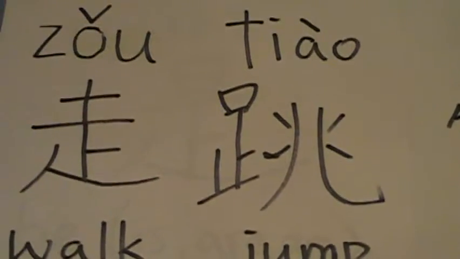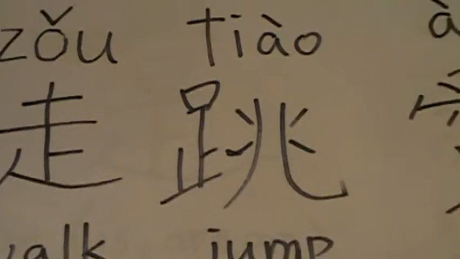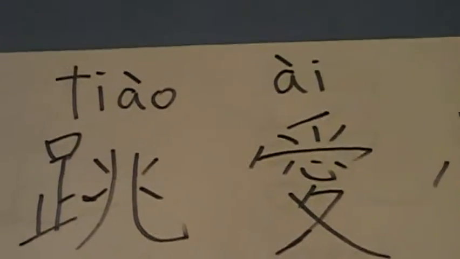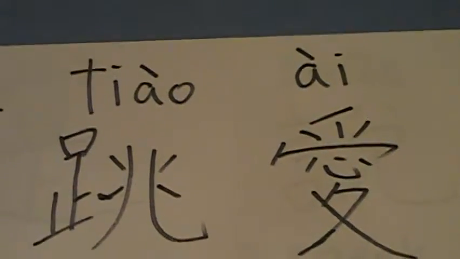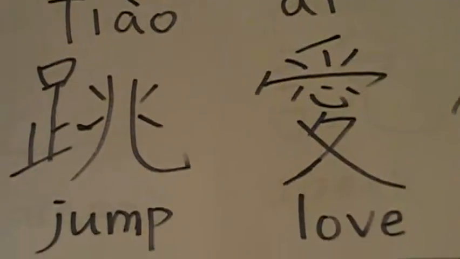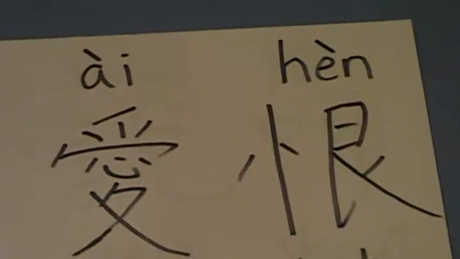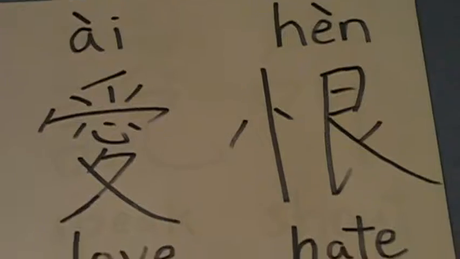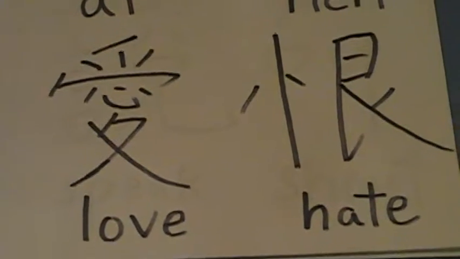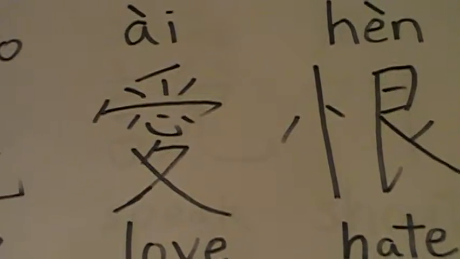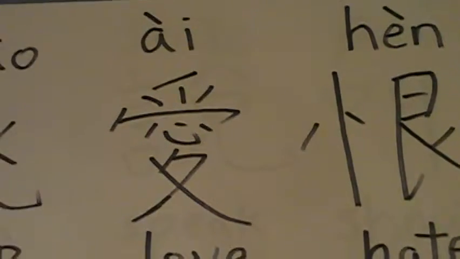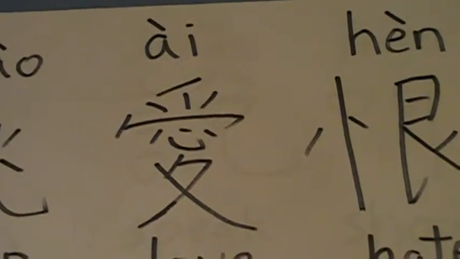Moving on to words with feeling. 爱 with the fourth tone over A, which means love, and 恨 with the fourth tone over E, which means its opposite, hate. Notice that both have a simplified form of heart inside the character.